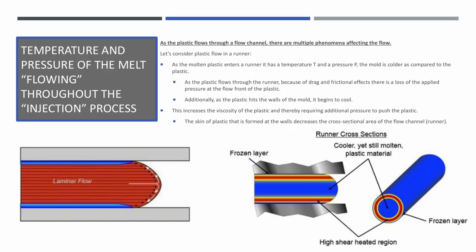So here we have some images. You can see our typical laminar flow and how that flow front works its way to the side, and then you get the frozen layer against the mold steel, and you can see we're reducing the cross section of the runner and actually requiring more pressure.